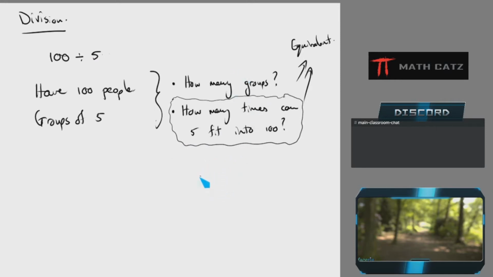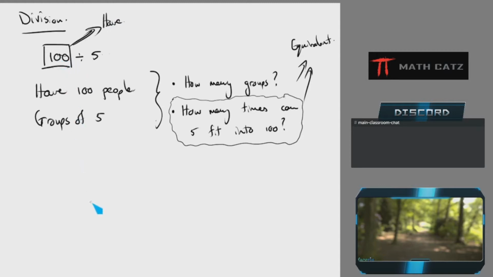So now, what does this mean? This means the first number in my division is what I start with. That's what I have. Remember, in multiplication, the second number was the quantity that I have to start with and that I applied some instructions on.